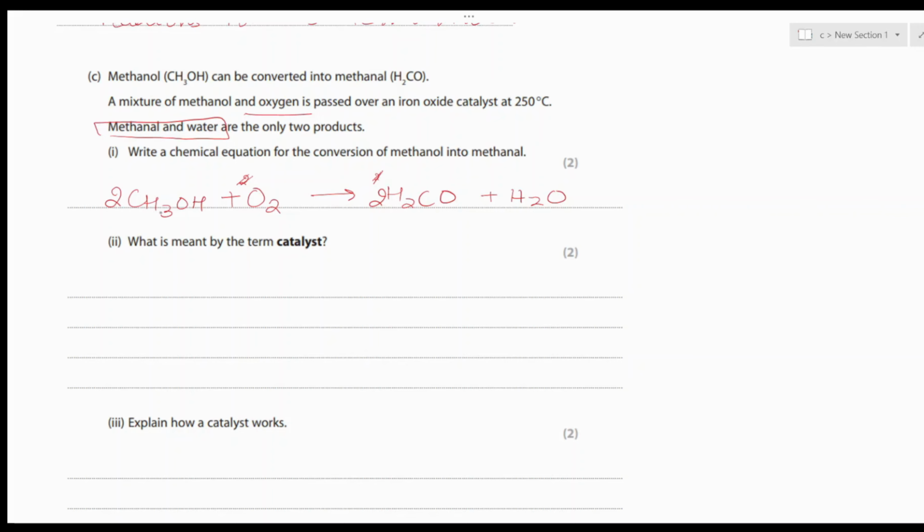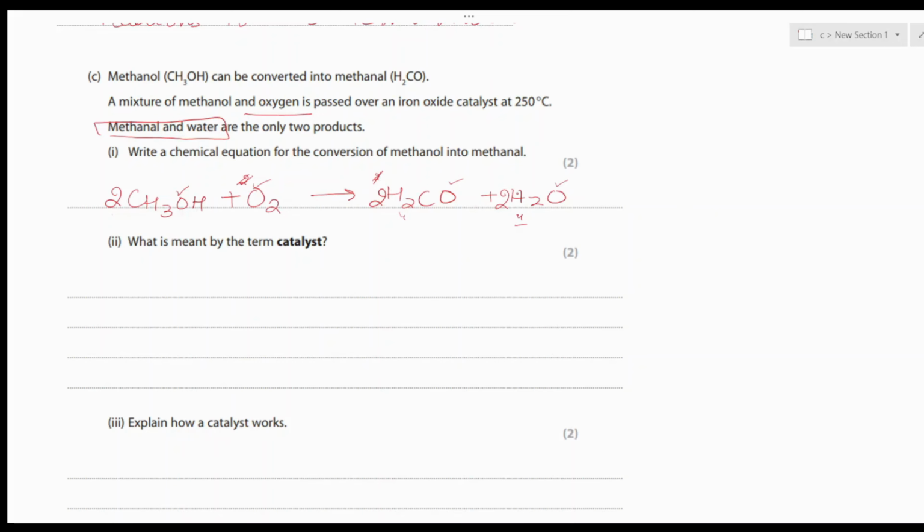How many hydrogen? 3 and 1, 4. 4 into 2 is 8. So there are 4 over here and 4 over here. There are 8 now. Okay. How many oxygen are now available? 2 here and 2 here, 4. Two here and two here. Four. It's balanced now.